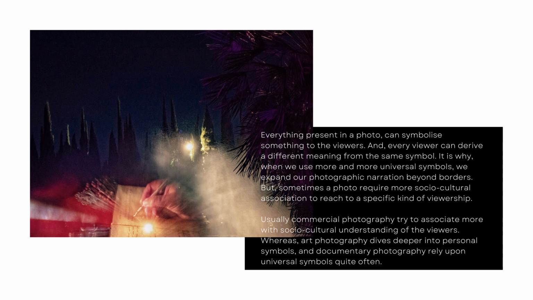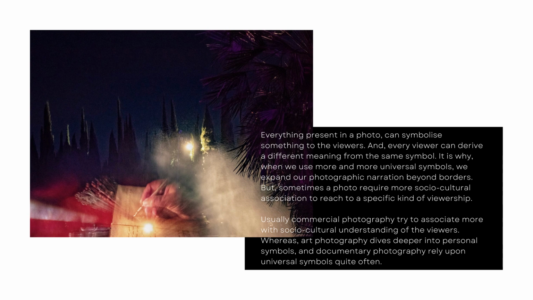Then in documentary photography, we try to use universal symbols, because we want to reach a wider audience. And in each type of photography, we need a different type of symbolic narration of visual elements. Try to play with that idea.